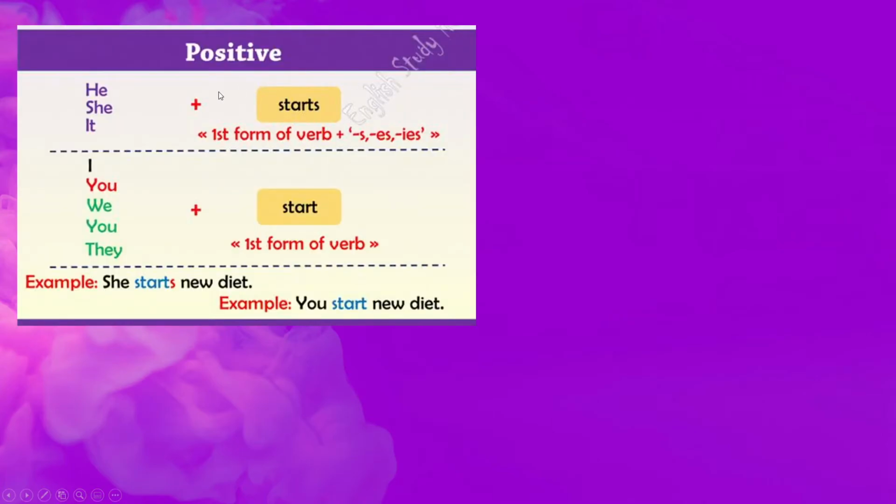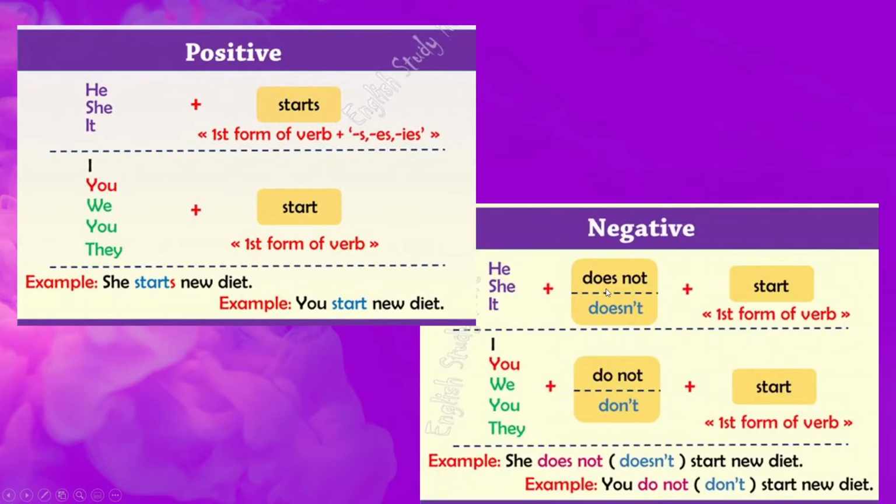Next, this is another example that you can see here. Positive statement. He, she, it, followed by the first form of verb and add s, es or ies. For plural subject, followed by the first form of verb. She starts new diet. You start new diet. Negative statement, does not ataupun doesn't followed by first form of verb.